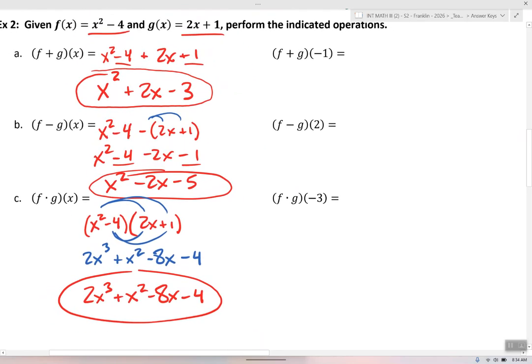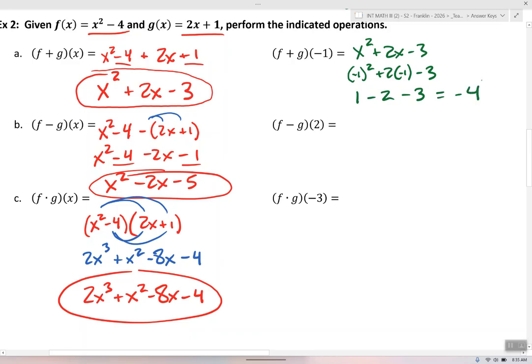Now we can apply some numbers into it. We have some inputs. For the addition function, we're inputting a negative 1. So that's x squared plus 2x minus 3. Putting in a negative 1. Right, so negative 1 squared is 1 plus negative 2 minus 3.